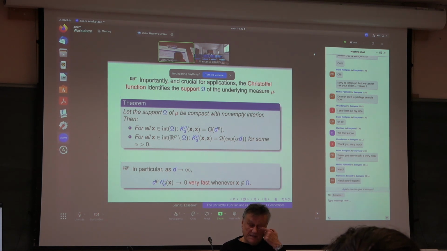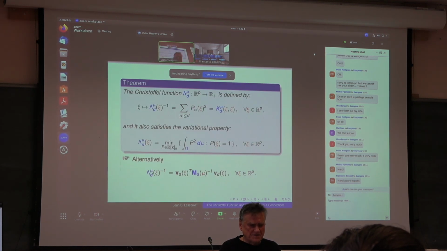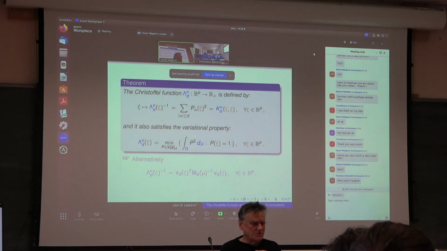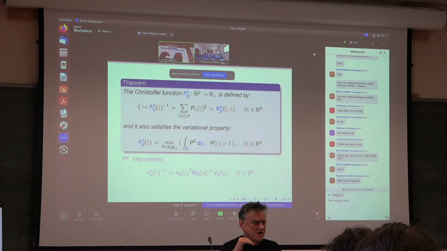Okay? And then, if you look at the Christoffel function, which is the Christoffel-Darboux kernel on the diagonal, since, remember, K_d of x,x is just this sum of squares, sigma of p alpha of psi squared, you are going to fix psi. And you are going to look at the way this quantity grows when the degree d increases.